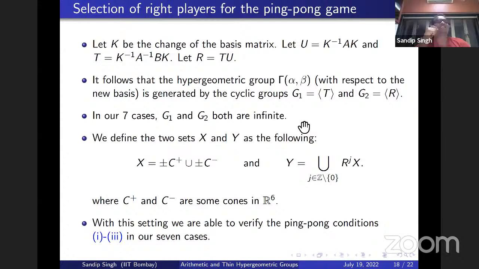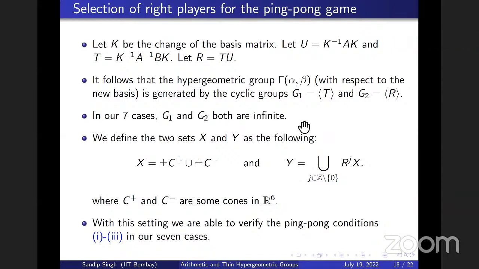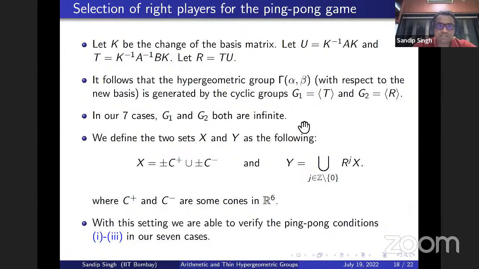This is a good question, but I don't know. I have no idea if they also have any geometric significance like those 14 cases. If such monodromy representations of fundamental groups can be realized as hypergeometric groups, that would be great to see, but as far as I know, I have no idea.